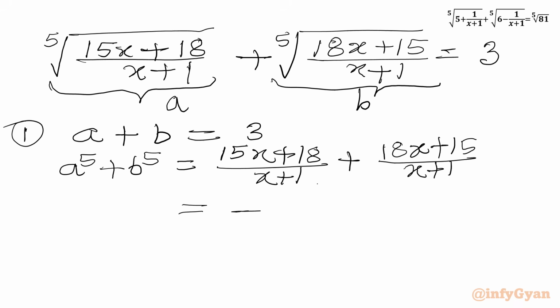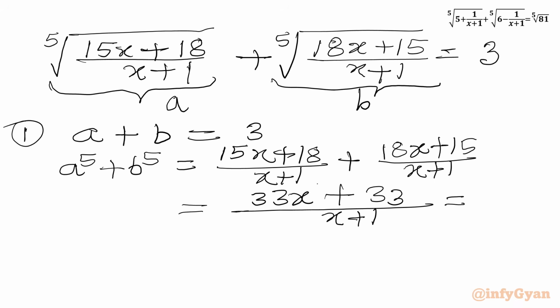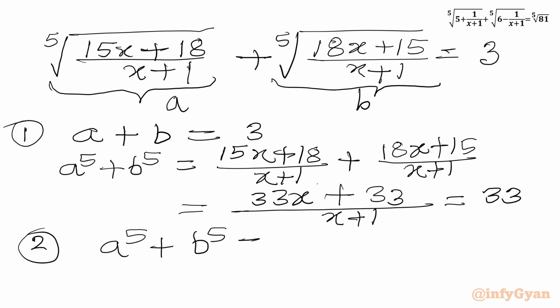Common denominator is x plus 1. We'll add both the numerators: 15x plus 18x is 33x, plus 18 plus 15 is 33. We'll take 33 common, so there would be x plus 1 in the numerator which is there in the denominator too. So we will get 33 only. So we have second equation a power 5 plus b power 5 equal to 33.